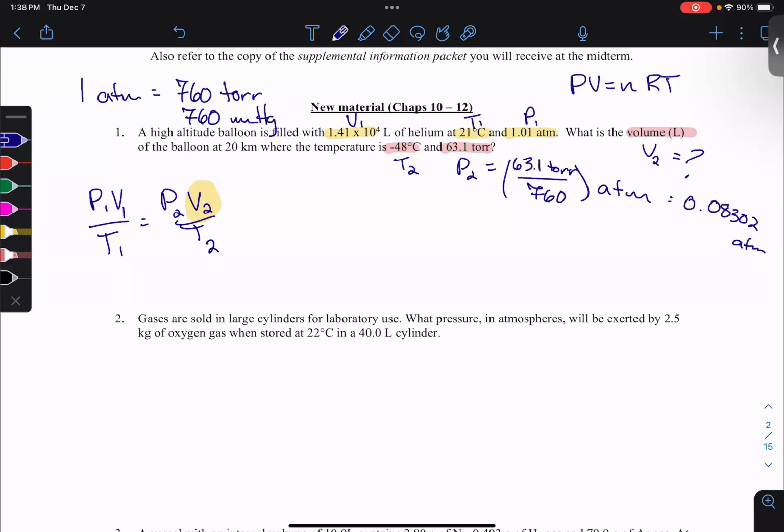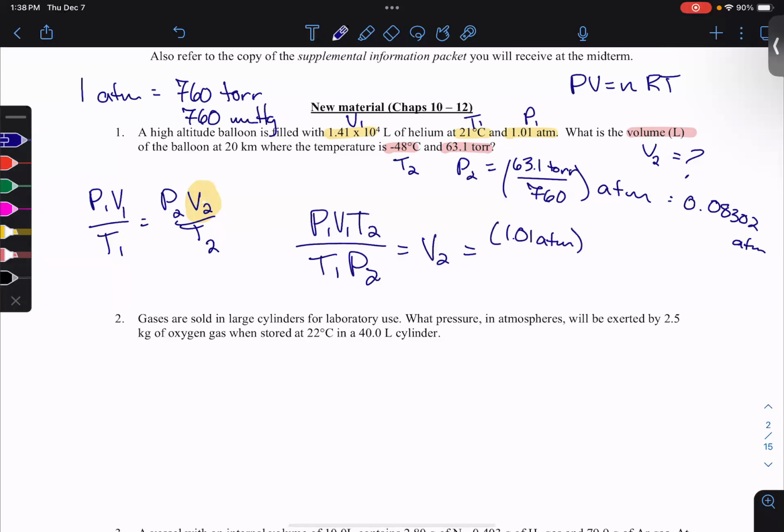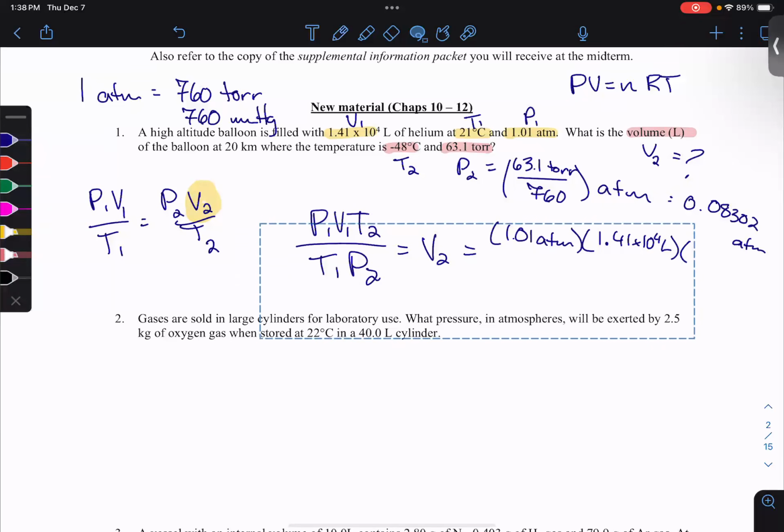So I'll move stuff around. P1 V1 over T1 times T2 over P2 equals V2. Plugging all those numbers in, pressure 1.01 atmosphere, that's its initial pressure. Its initial volume is that big number, 1.41 times 10 to the 4 liters, times the second temperature.